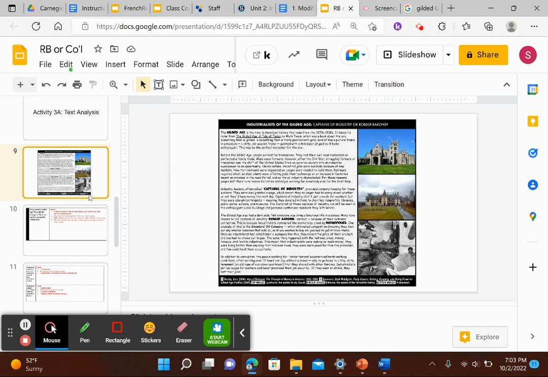All right, let's go back and read the last paragraph. In addition to the corruption, the people working for robber barons experienced harsh working conditions, often working over 12 hours per day without a break, only to go home to a tiny, dirty tenement, which was an old type of rundown apartment that they shared with other families. Industrialists set low wages for workers and never promised them job security. If they went on strike, they lost their jobs.